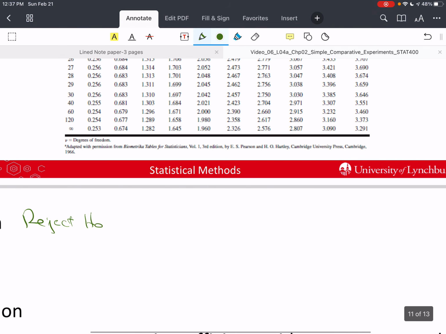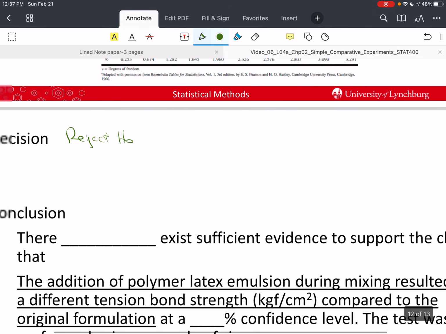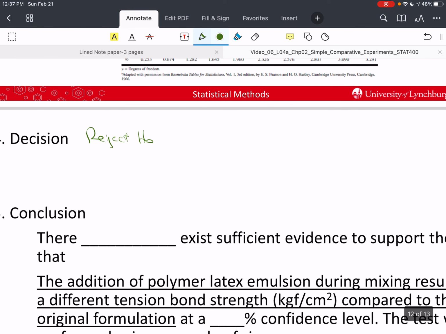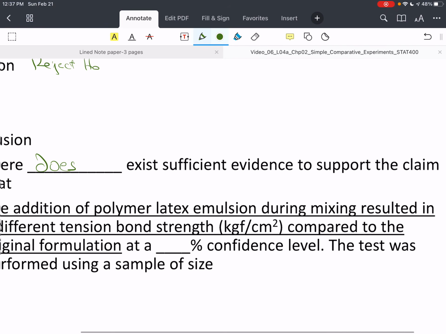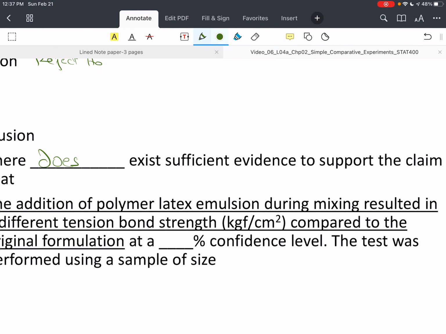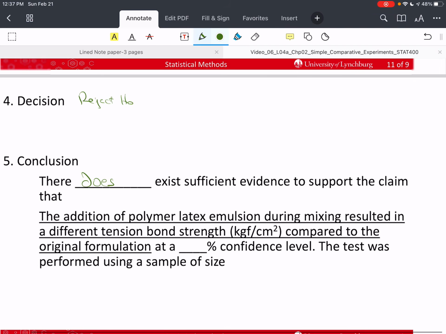So we have our rejection, and again, our conclusion is going to be exactly the same since we again reject. There does exist sufficient evidence to support the claim that the addition of the latex polymer emulsion during mixing results in a different tension bond strength compared to the original formulation, and we did our test at alpha equals 0.05 or a 95% confidence level.